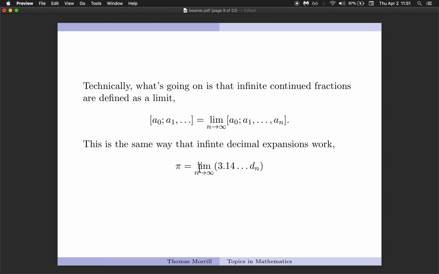As n goes to infinity, all of these fractions get closer and closer together to the value of pi. So anytime you see an infinite continued fraction, there's really a limit lurking under the surface. Same as anytime you see an infinite decimal expansion, there's really a limit lurking under the surface.